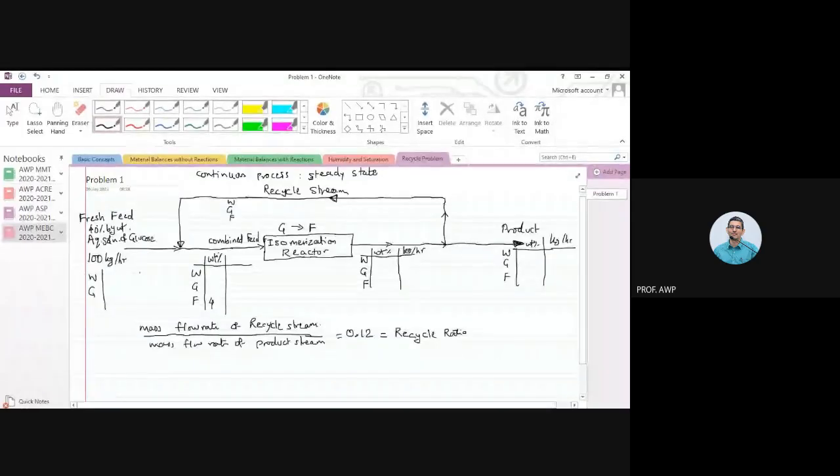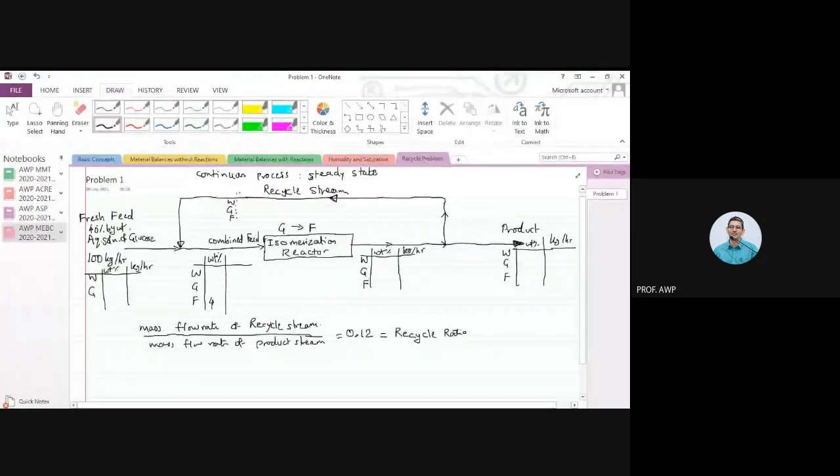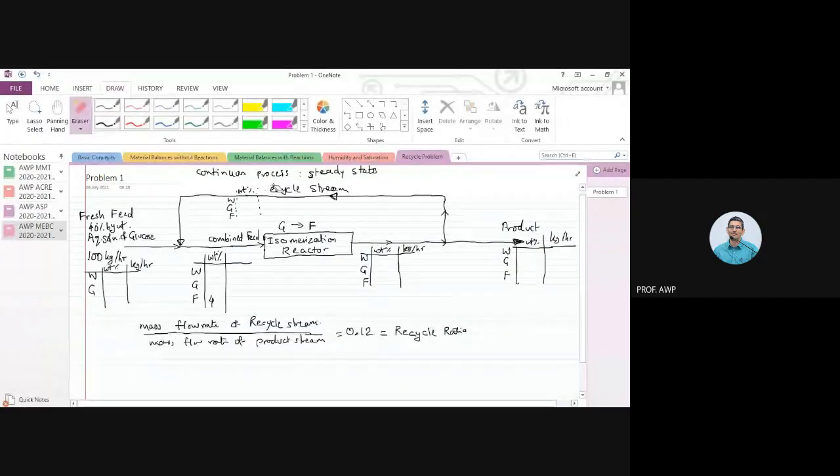Write down what you know. Even in the recycle stream, you can write weight percent and kg per hour.